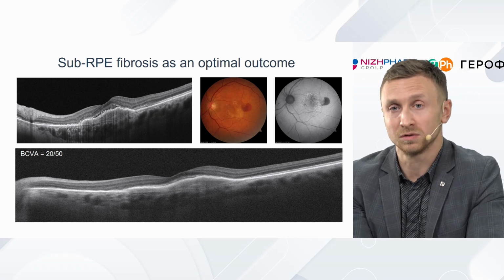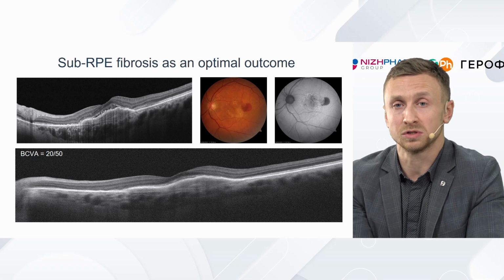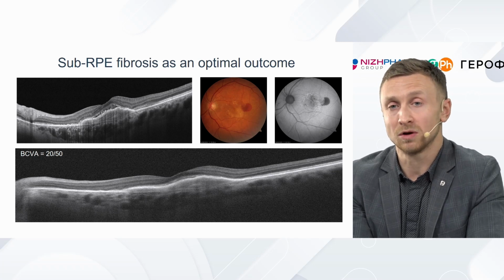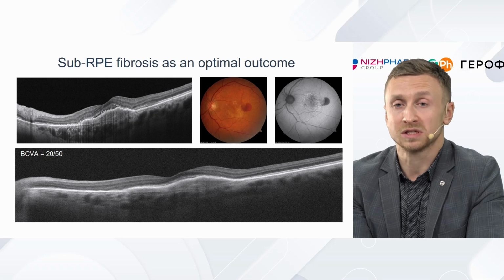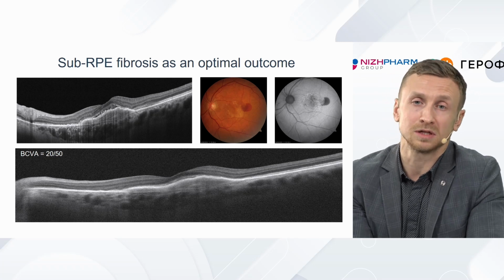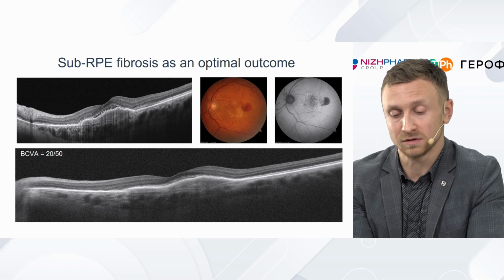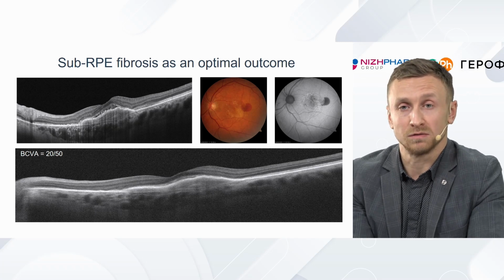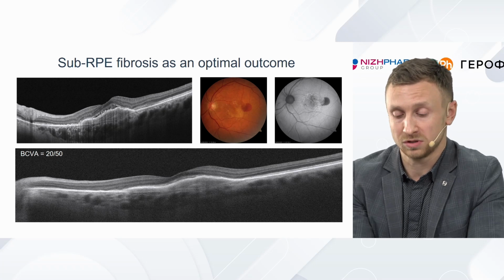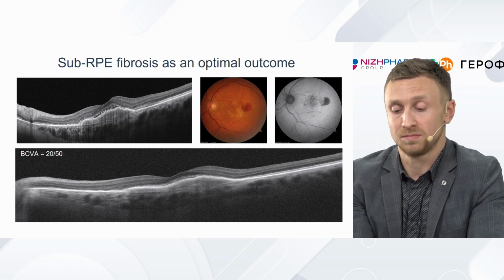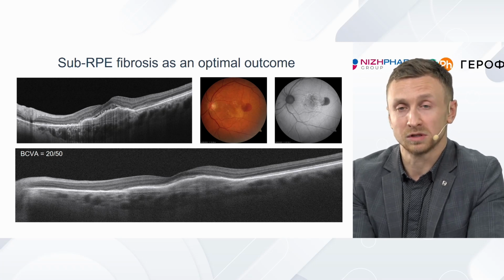And in case we manage to create such a fibrovascular pillow under the central macula, then we hope for a rather good functional outcome, and moreover stable if we continue adequate control of exudation activity in this area. And for example, this patient is supporting visual acuity at the level of 0.4 already for quite a time.